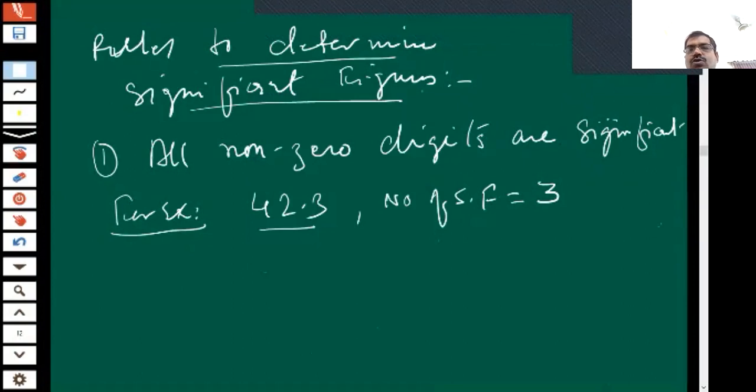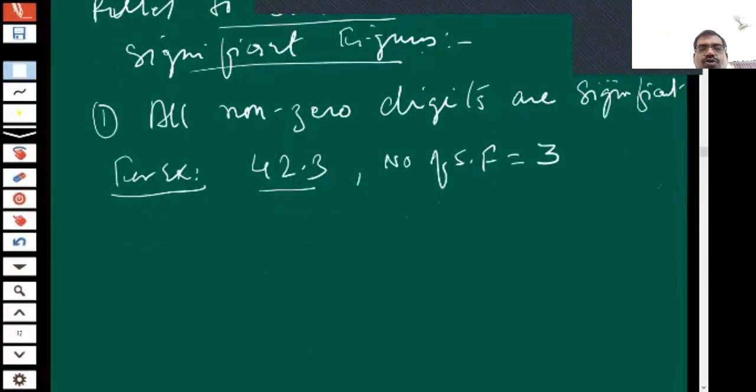So all non-zero digits are significant. Okay. So 42.3. So we can say that number of significant figures is 3 because they all are non-zero. Number 2, okay.